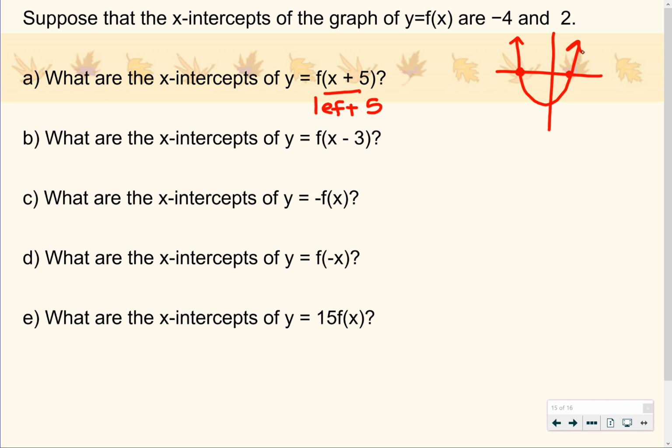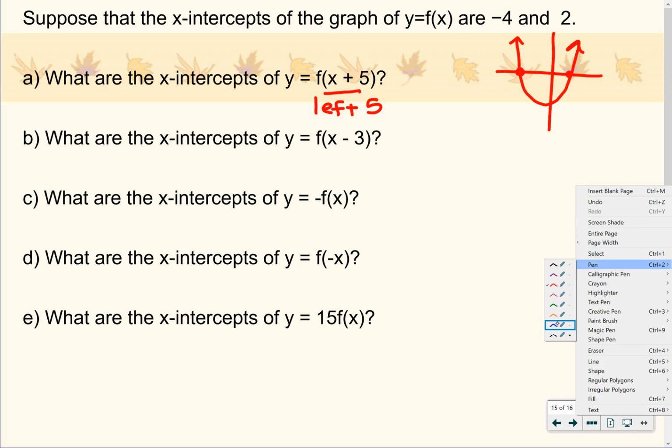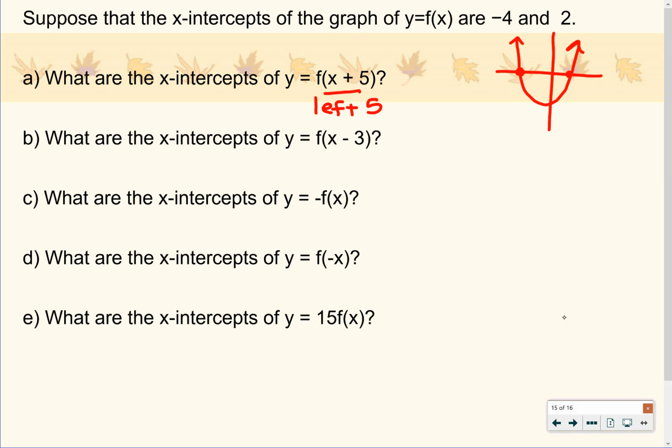Aren't I taking every point and moving it left 5 when I do that? So what does negative 4 become? Negative 4 would be negative 9, moving it to the left. And positive 2, if I moved it to the left 5, would be what? Negative 3. Okay, so we're not going to get overcomplicated with calculations and formulas and things.